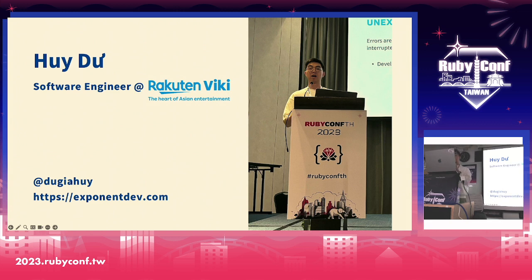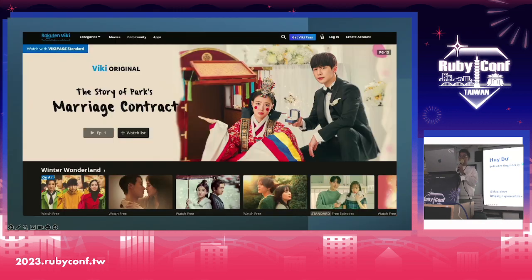We build systems that deliver content to millions of users over the world on a daily basis. RubyConftw is the world leading platform for entertainment and culture, where millions discover and consume their prime time shows and movies. And of course, we also have subtitles in more than 300 languages by the community.